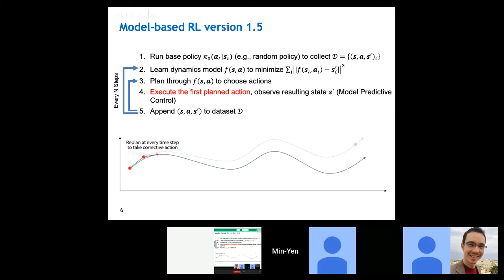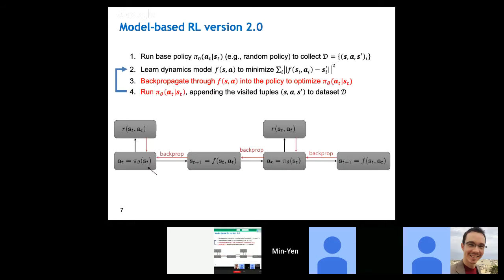Last lecture we covered that this algorithm is quite complex, so the next version will try to combine some of the advantages of policy-based reinforcement learning, but at the same time we try to learn the model. This is called version 2.0.